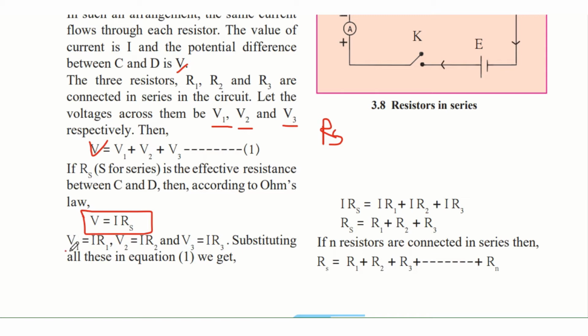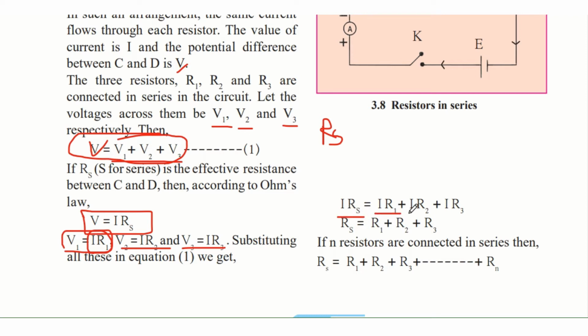So V1 would be equal to I into R1, V2 would be equal to I into R2 and V3 would be equal to I into R3. And we have to substitute all these three in this first equation because we have found V1, V2, V3. So now we have to substitute these values in this formula.